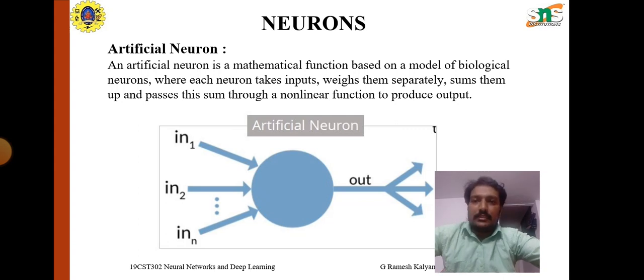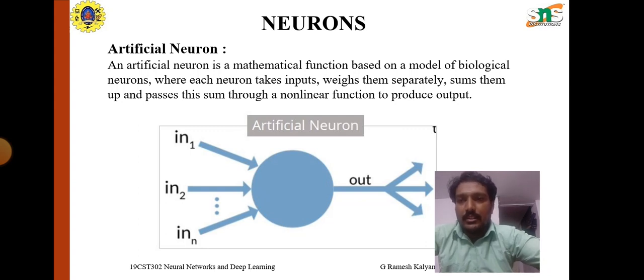We could see in the diagram, IN represents the input, from 1 to N. So we could have N number of inputs. OUT represents the output. So even though there are many inputs that pass through the hidden layers, finally we have just one output.